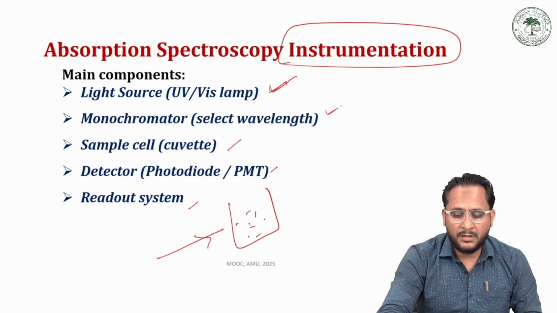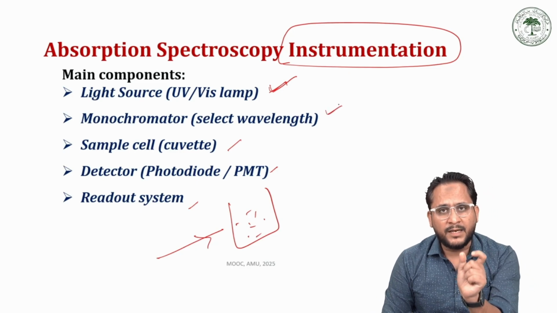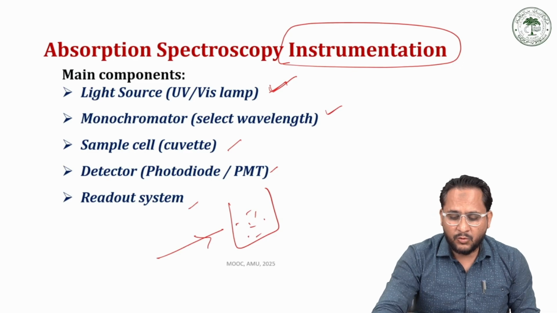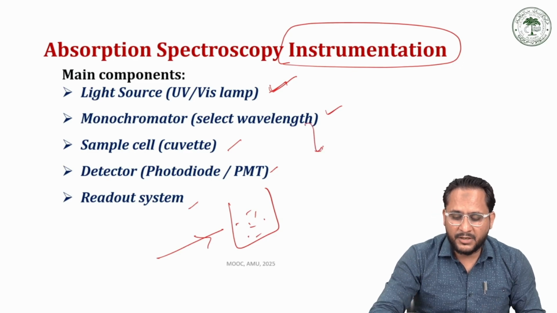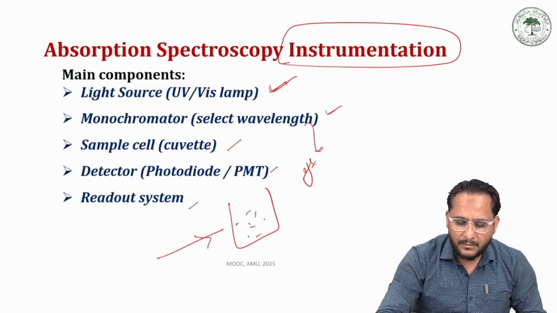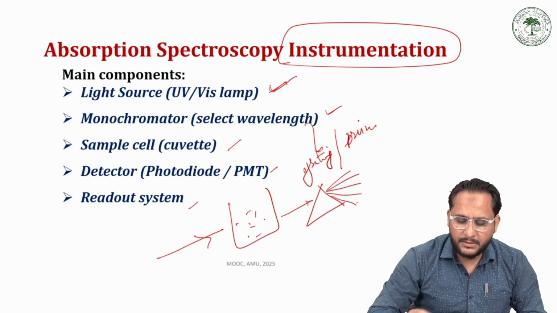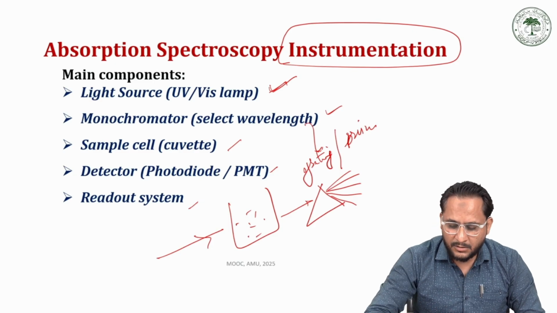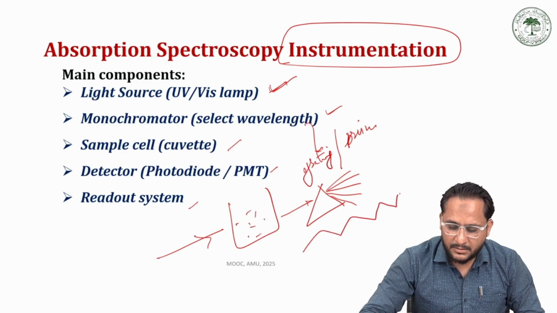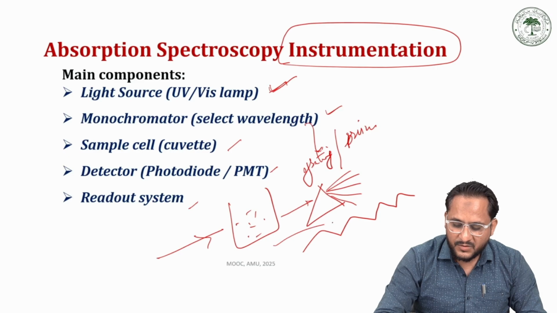Then we have a monochromator. The purpose of the monochromator is to select a light of particular wavelength. This monochromator is basically a combination of a grating, which is used to split the light, or if a grating is not available, we can also use a prism, because this prism can be used to disperse light into different colors, or the same work can be done by a grating, which is just like a saw.